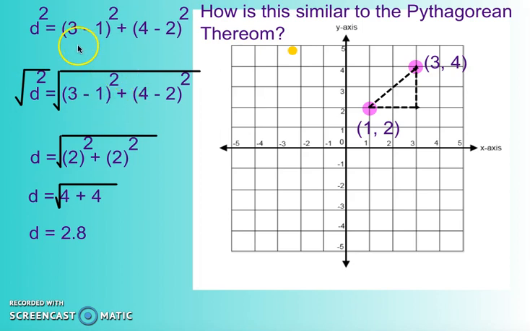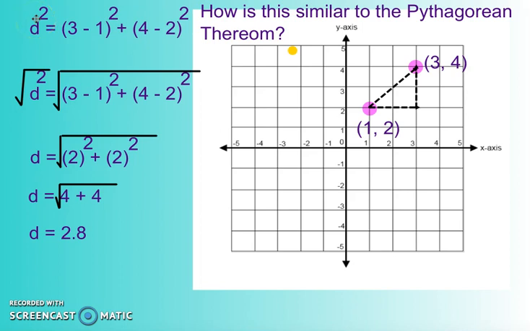I notice that there is one thing squared plus another thing squared, and then it equals a third thing. Okay, isn't that similar to the Pythagorean theorem? Isn't the Pythagorean theorem a squared plus b squared equals c squared?